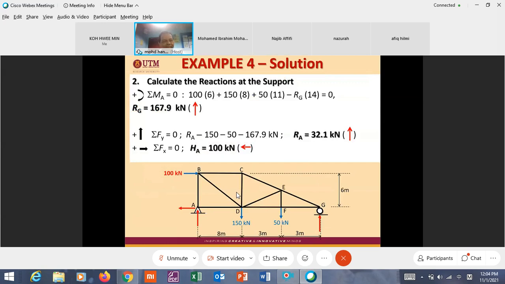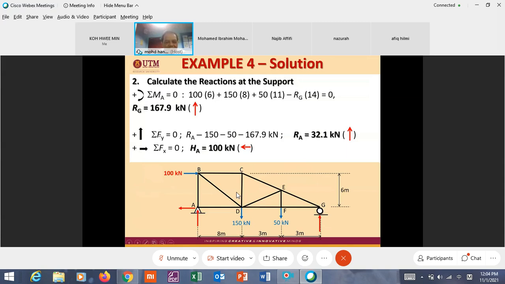Okay. The first step is the reaction at the support, because before you start with the calculation of member forces, you must calculate the reaction. Otherwise, you cannot proceed. So the basic principle here is there are 3 equations.